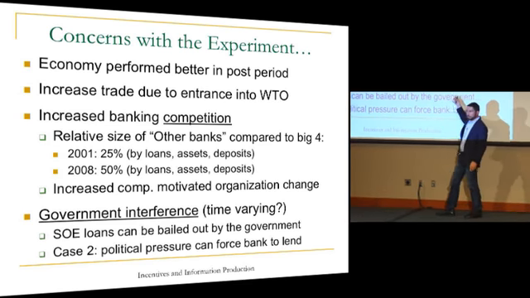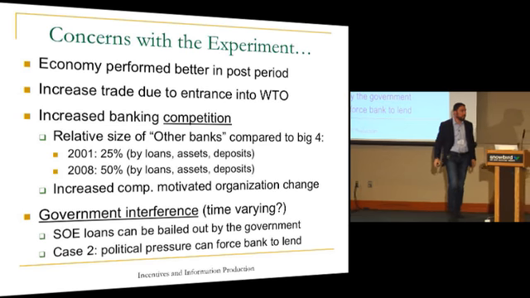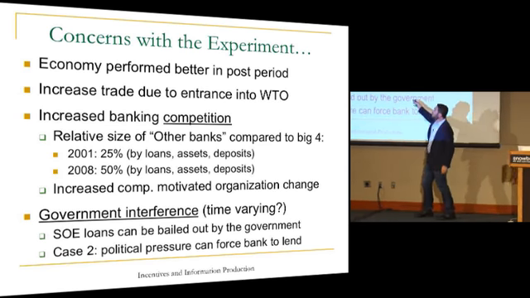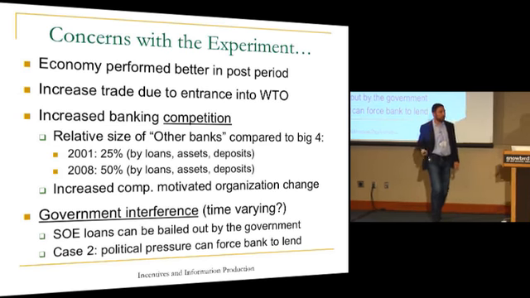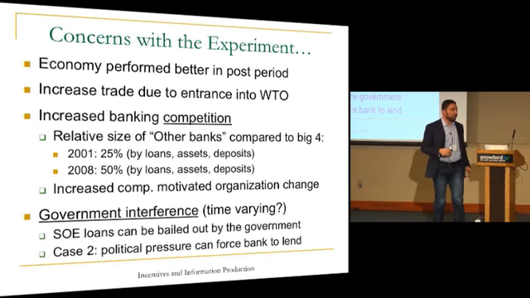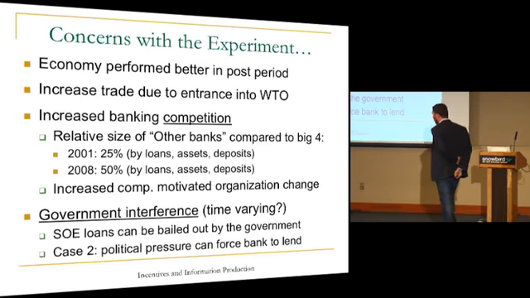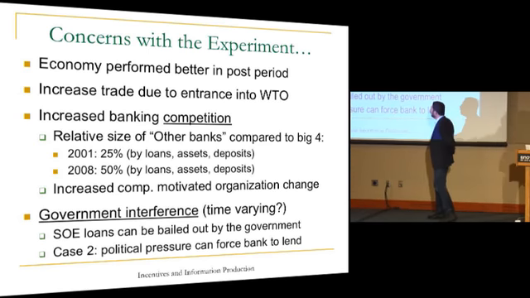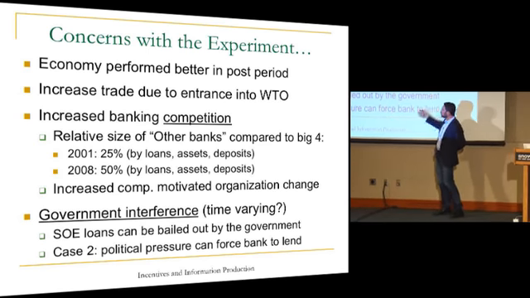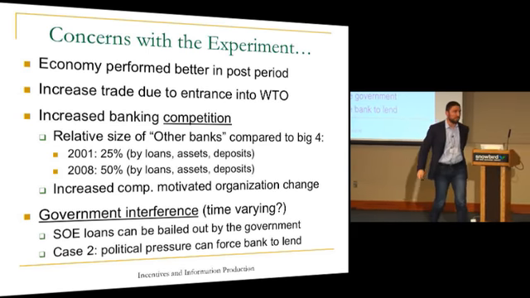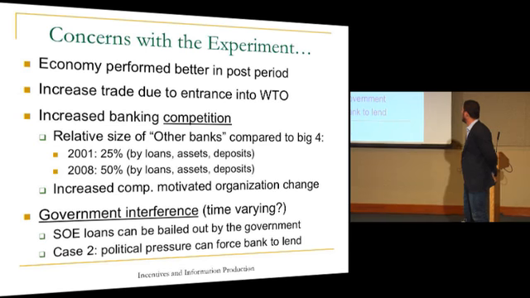So one reason is because we're lending to a lot fewer state-owned enterprises in the post period. It could be that entry to the WTO, and the whole reason for the reforms, means that we're doing more commercially driven rather than politically driven lending. And there's plenty of examples, and even a case study in the appendix, that indicates that this is potentially a very strong force in the data here.